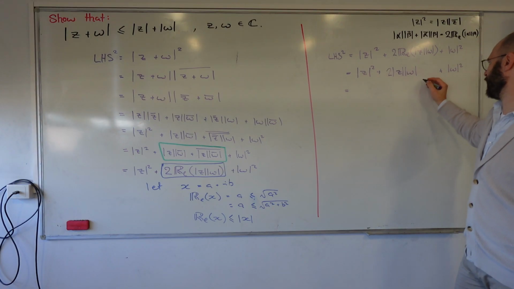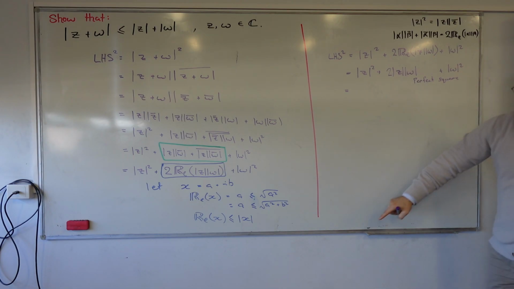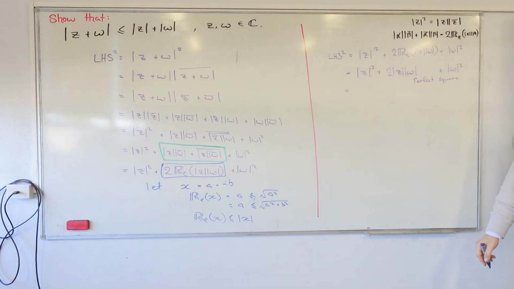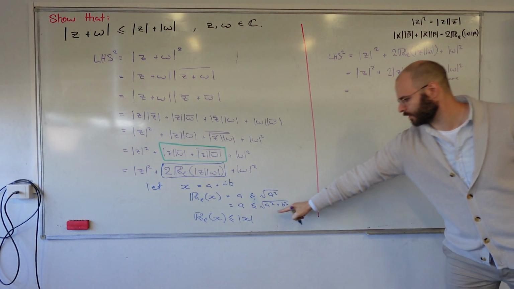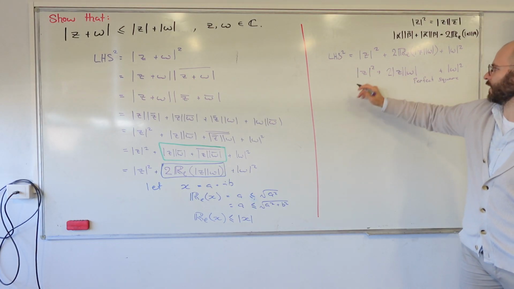So this, we have a perfect square situation. So how do you just remove the real component? Why did that get rid of it fully then? Because it's equal to or less than. It's always equal to or less than. And sorry, I needed to change these as well.